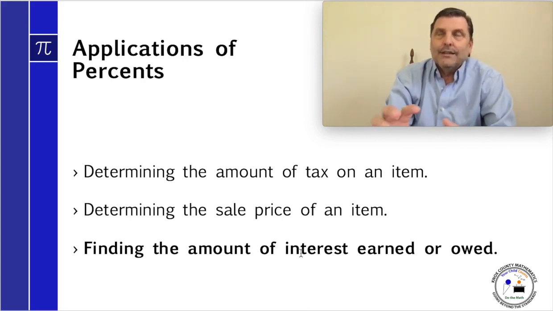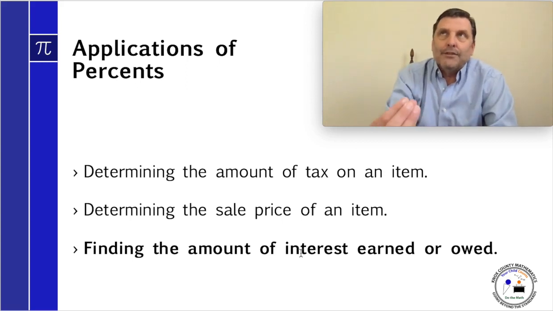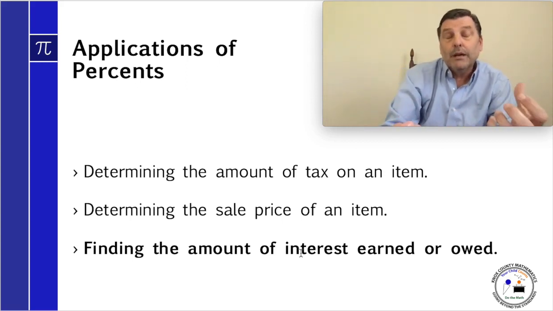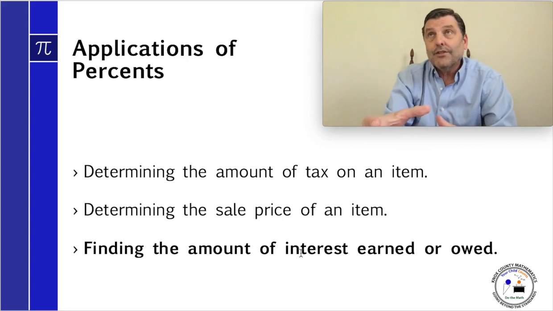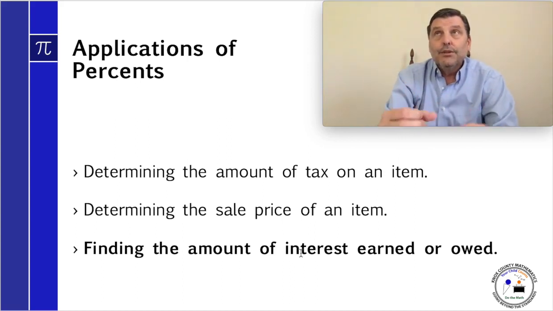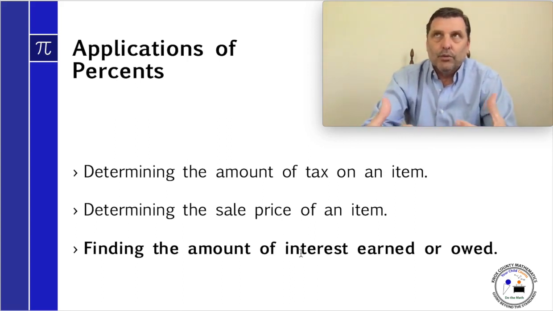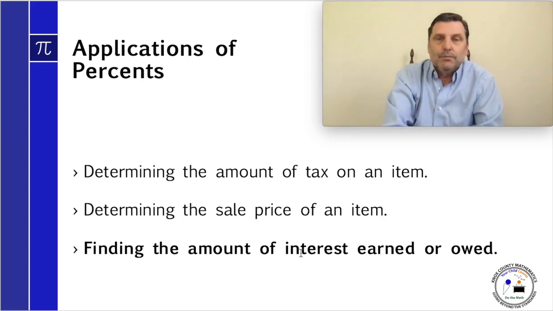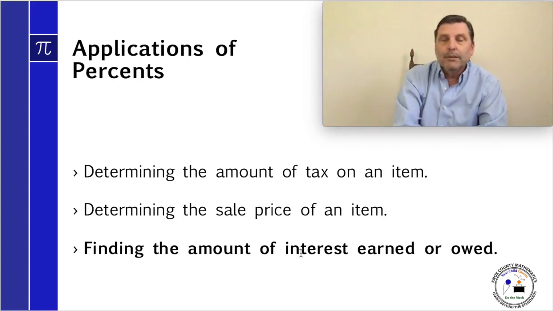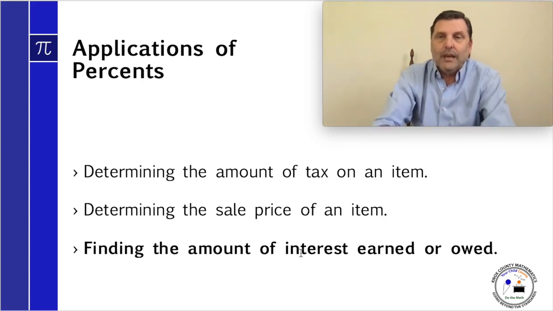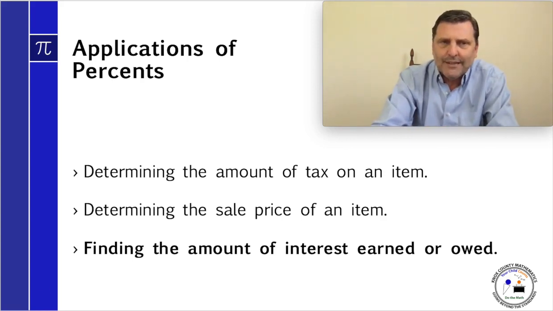Interest is an extra amount that you have to pay if you borrow money or if you let somebody borrow money from you. If you borrow money from someone, they're going to ask you to pay not only the amount you borrowed, but a little bit more. The little bit more is called interest. And that interest is determined by a set percentage. And that's what this task is about.